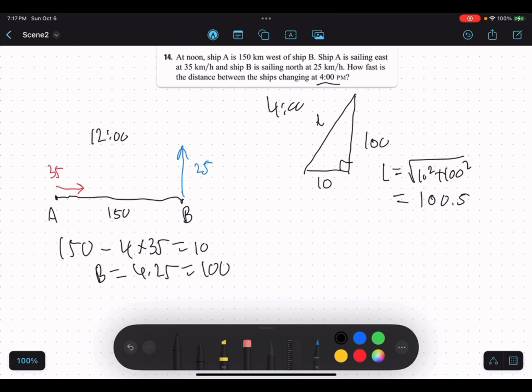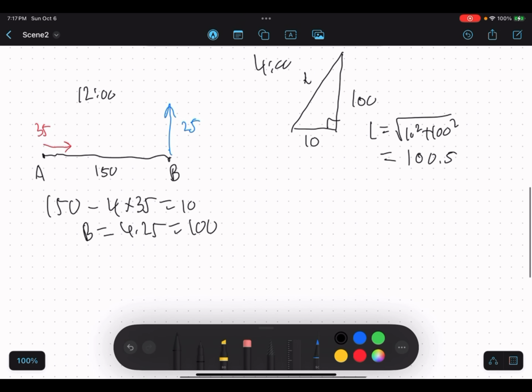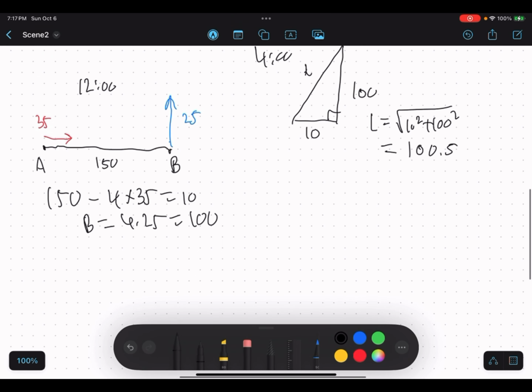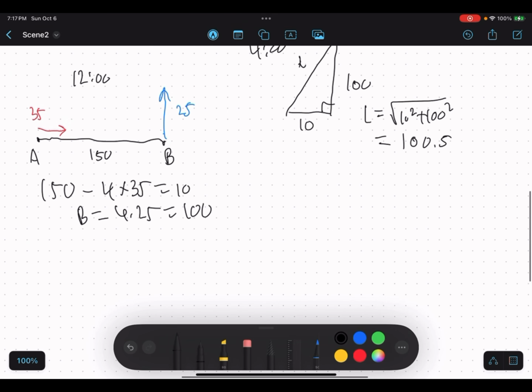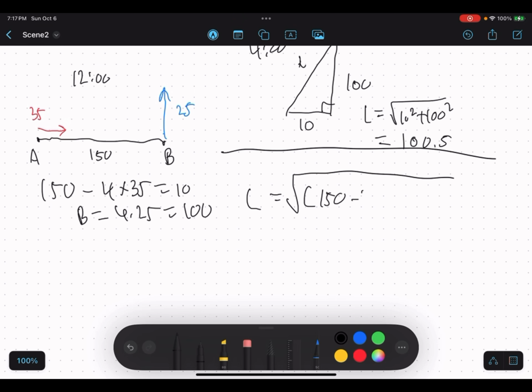Alright, so now let's do the calculus part. We have to use the distance formula to represent the change in L, not what L exactly is, but the change in L. So L should be equal to the square root of 150, right?